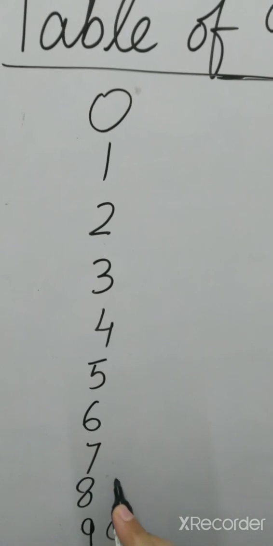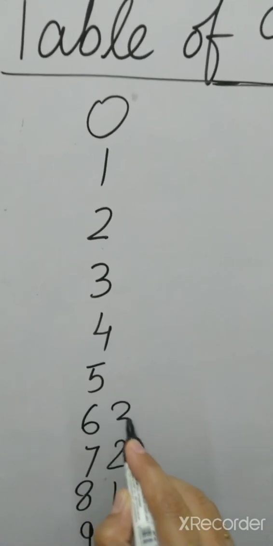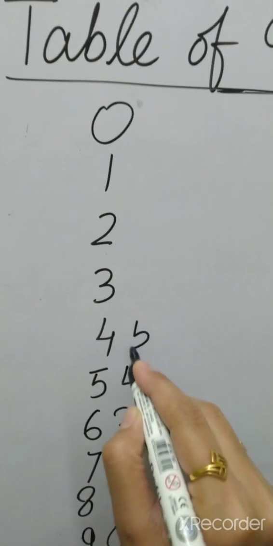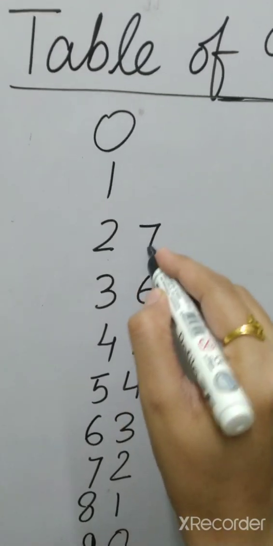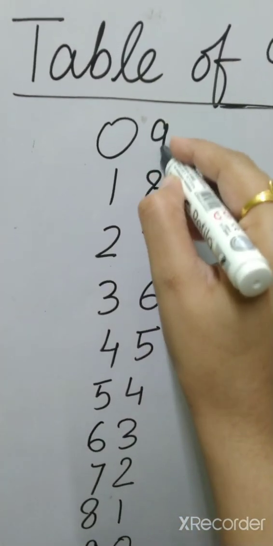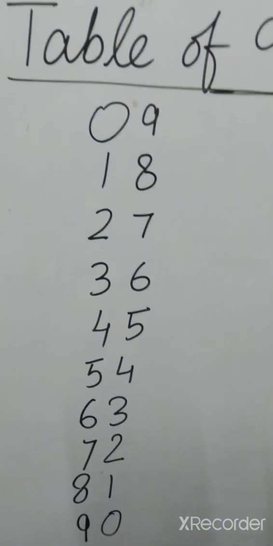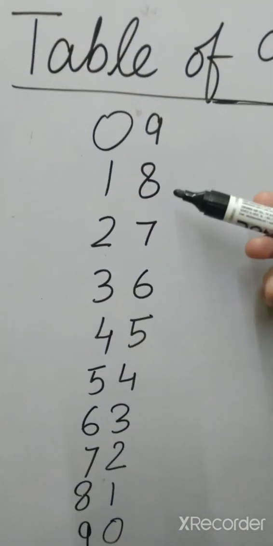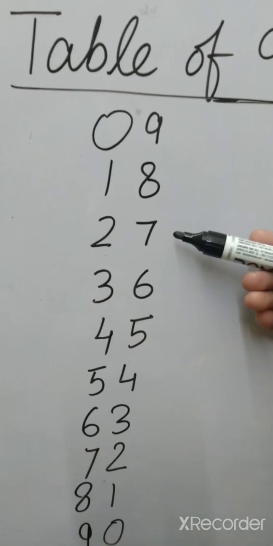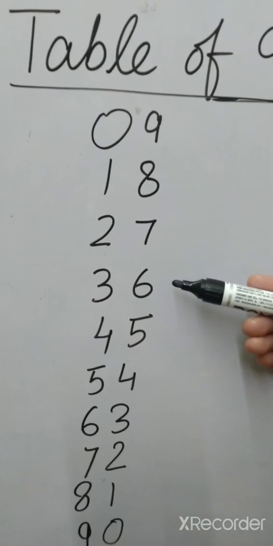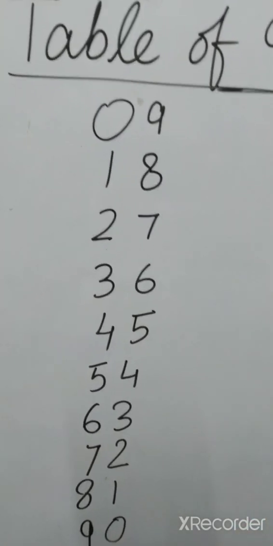It is 0, 1, 2, 3, 4, 5, 6, 7, 8, 9. And this becomes your table of 9. 9 ones are 9, 9 twos are 18, 9 threes are 27, 9 fours are 36 and so on.